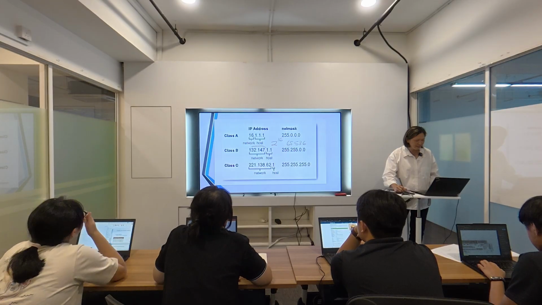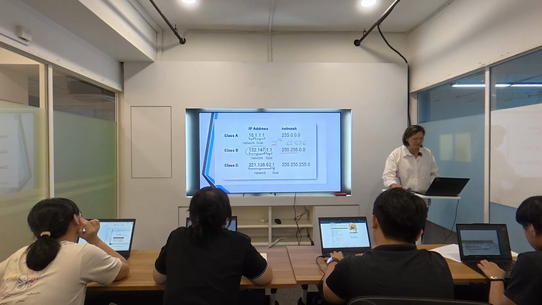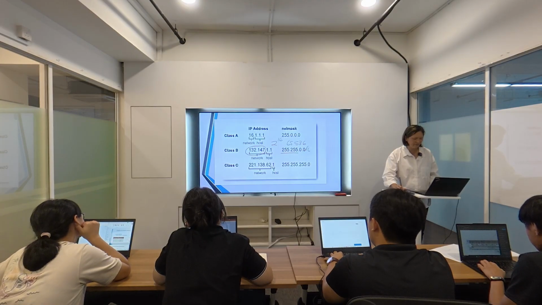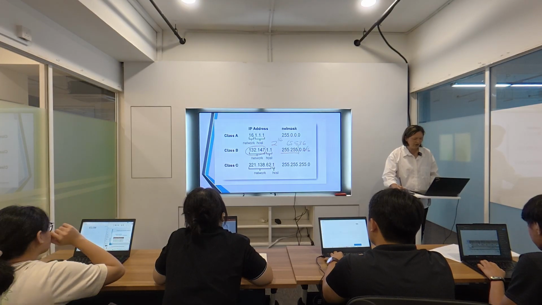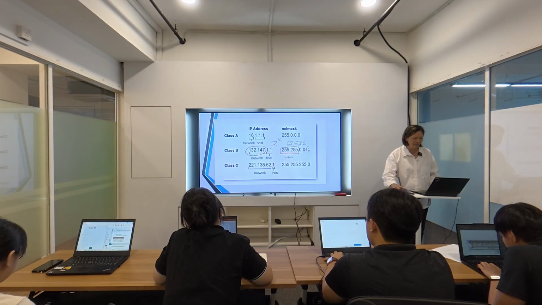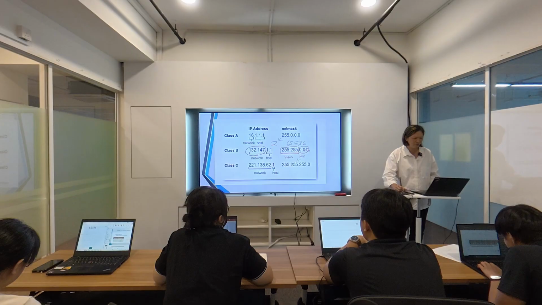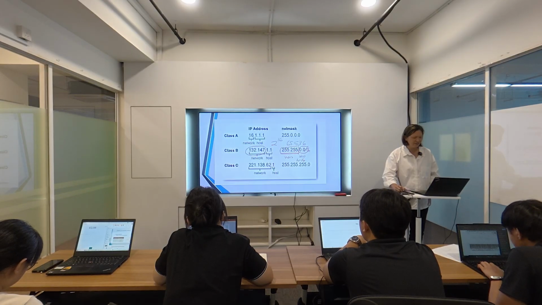Because the mask 255.255.0.0 is slash 16, you have 16 bits for the network portion, and the 16 bits left are the host portion. So you have 16 host bits, therefore 2 to the power of 16.